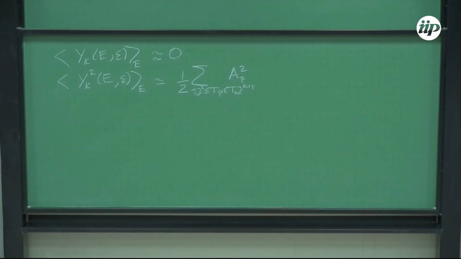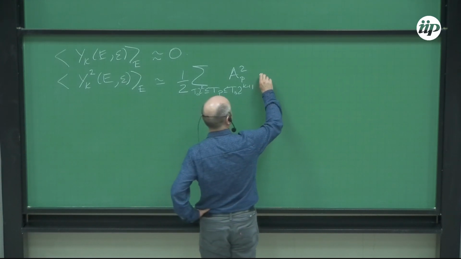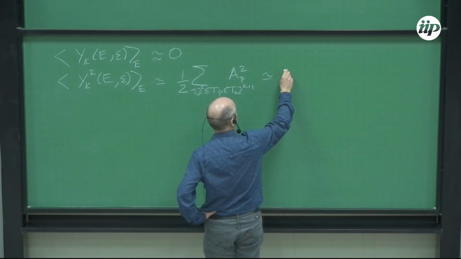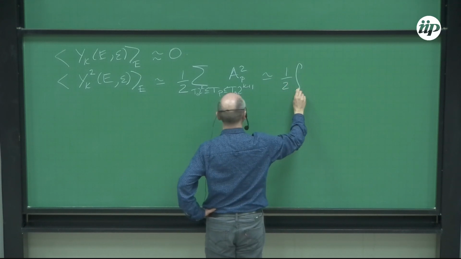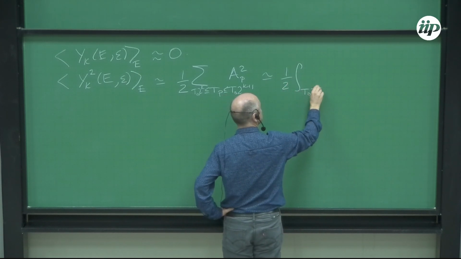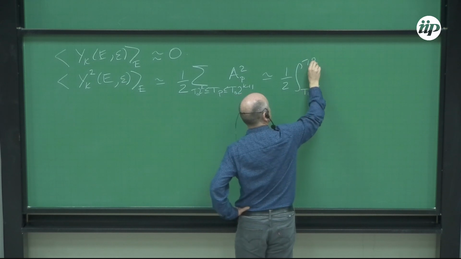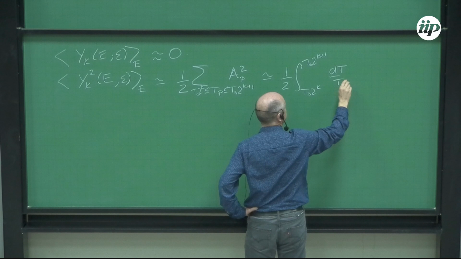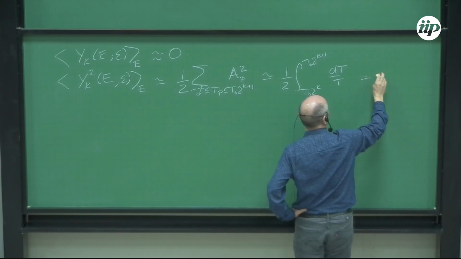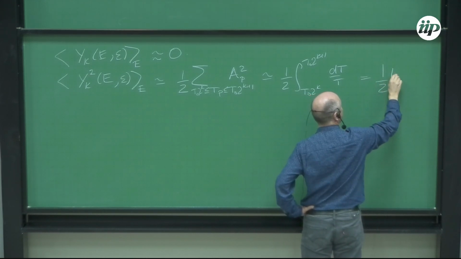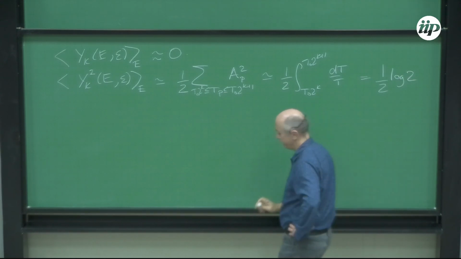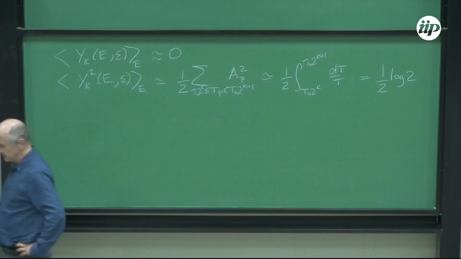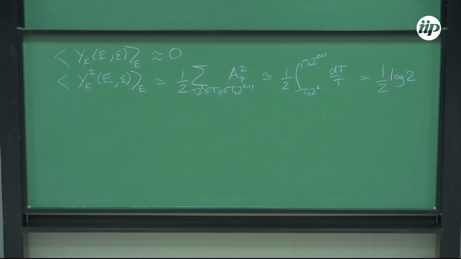And using the sum rule that John Hannay and Alfredo derived, this is something like a half the integral from T0 2 to the k to T0 2 to the k plus 1 of dt over t, which is a half log 2. So that's the variance of these quantities. They have a variance that's fixed, and doesn't depend on the Heisenberg time or any other parameter.